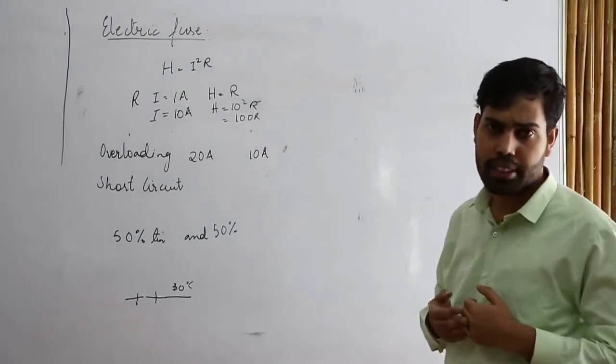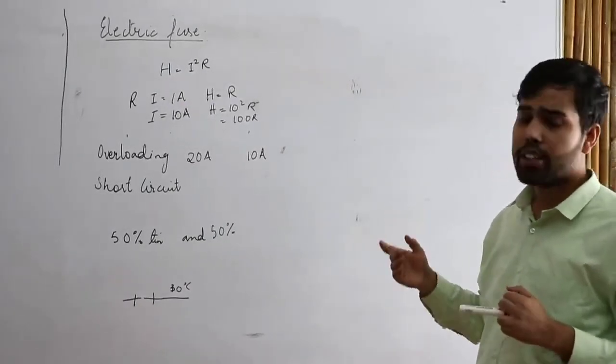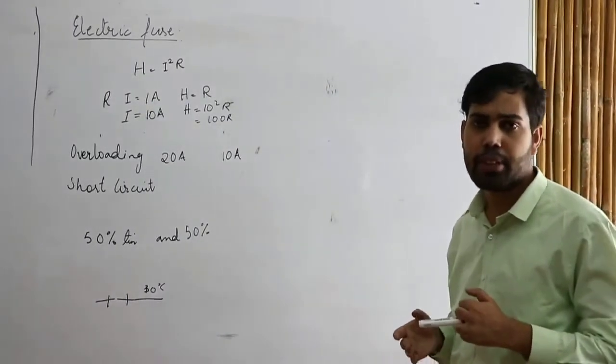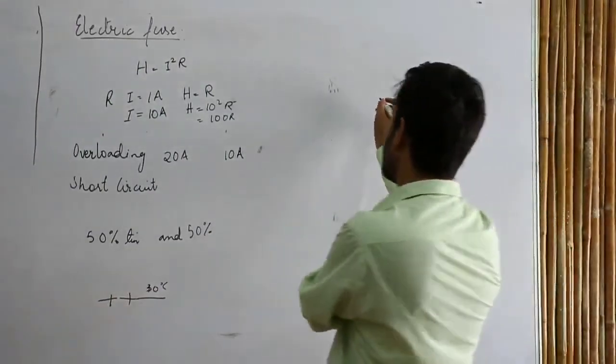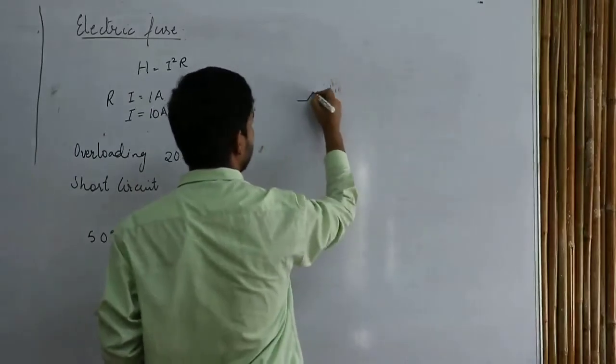There are two important reasons for this. The first reason is that I can operate different resistors by using different switches. Suppose I have two resistors which are connected in parallel.